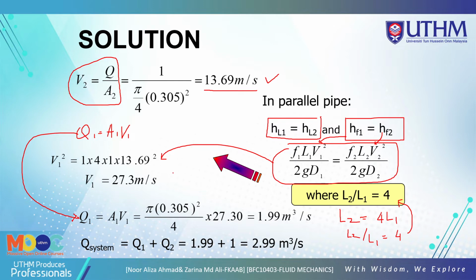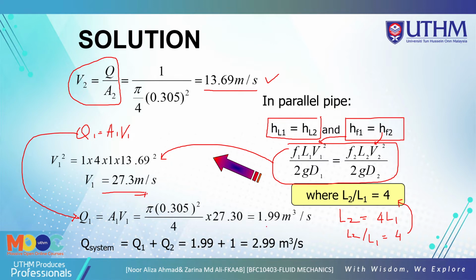F1 and F2 are equal, so you only have L2, V2 squared and D2 here, and you get the V1 value. After you get V1, just put it again in Q1 is equal to A1 V1.